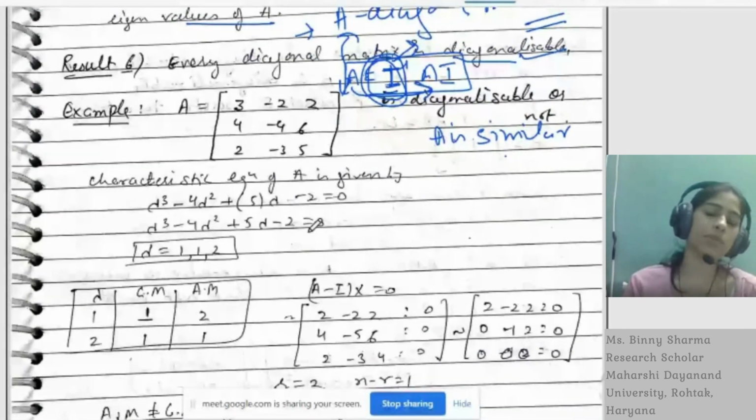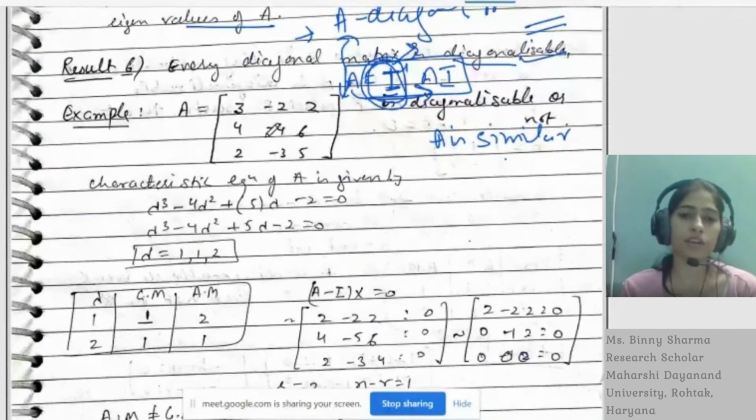Now we have an example. A equals [3, -2, 2; 4, -4, 6; 2, -3, 5]. We have to find whether it is diagonalizable or not.